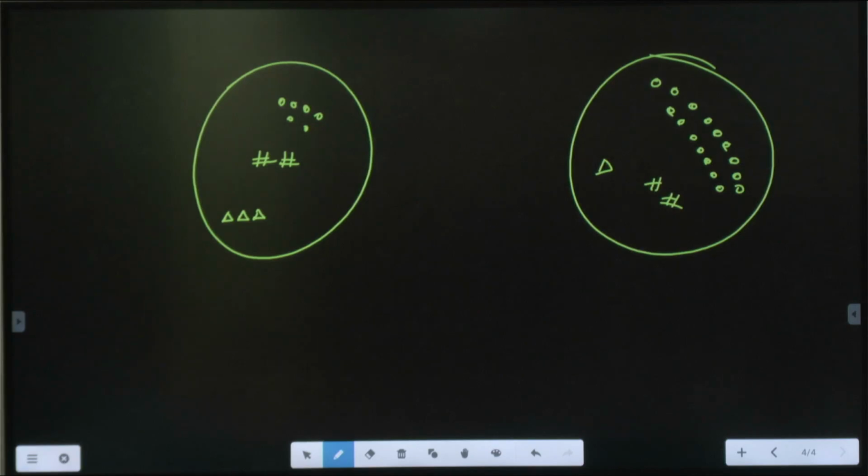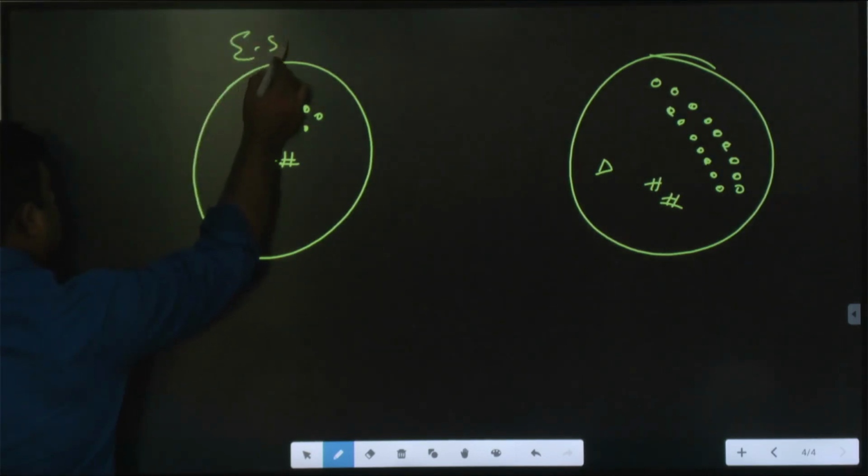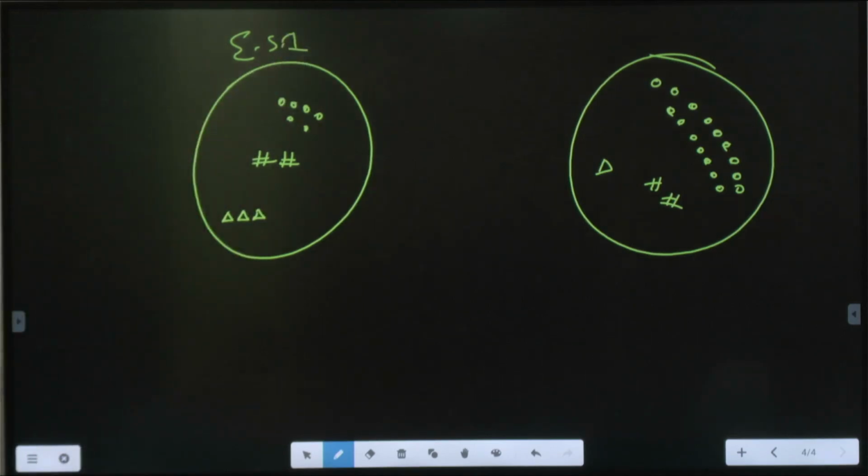So what you are noticing in both these ecosystems, as far as ecosystem 1 is concerned, you are noticing that this ecosystem consists of three different types of species, and as far as the number of organisms, or I should be very technical here, as far as the population of these species in the first ecosystem is concerned, the population of this species is what? 3, again 2, and around 6.